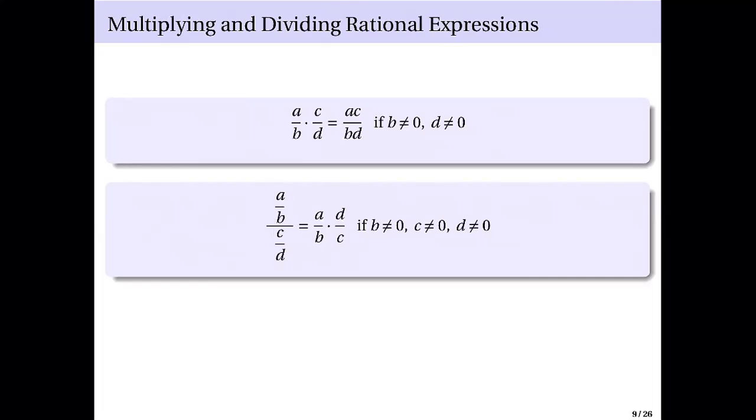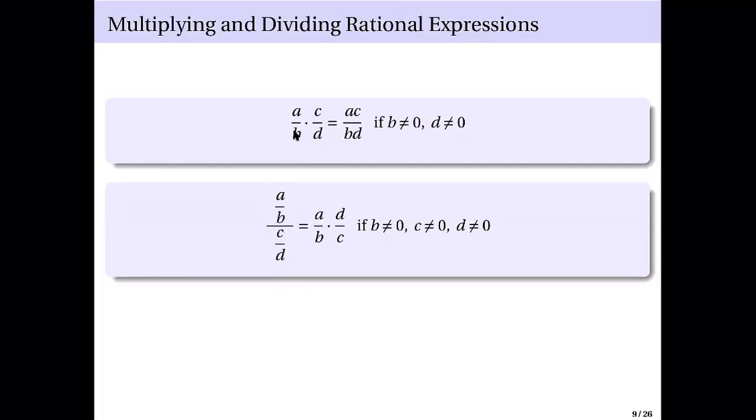Okay, so if we divide A over B divided by C over D, we can convert this to multiplication, but we need to get the reciprocal of the big denominator. So A over B divided by C over D will be equal to A over B times D over C. Okay, so your big denominator here, we get the reciprocal, and then we change now to multiplication.